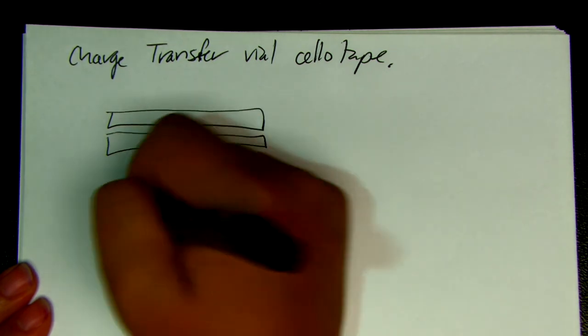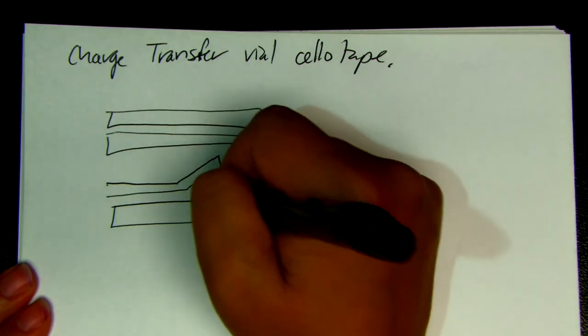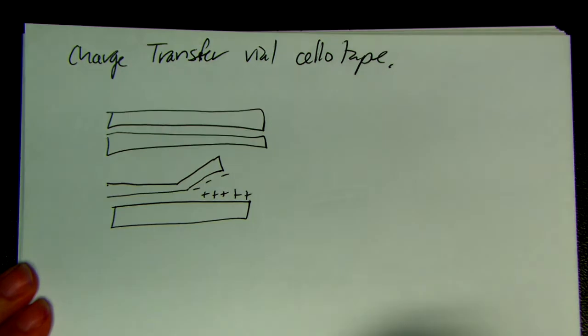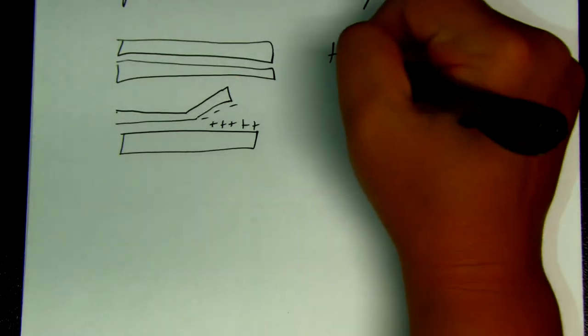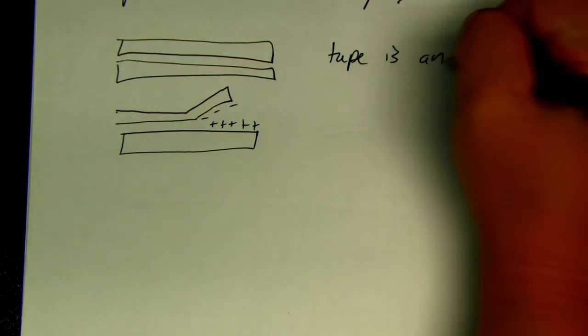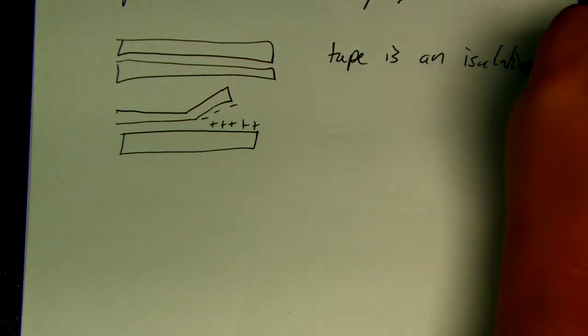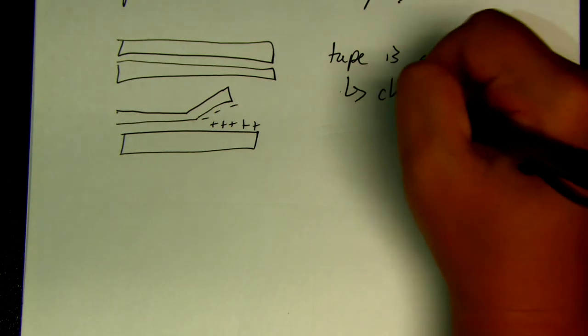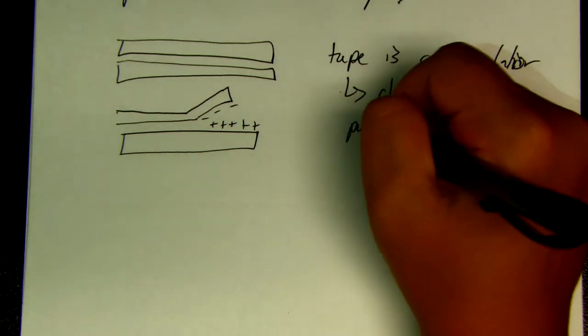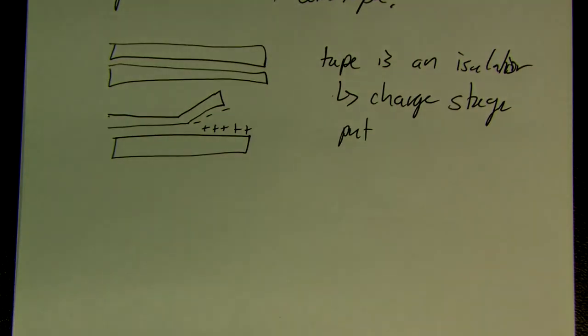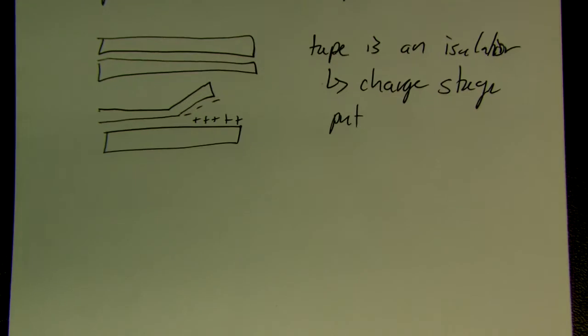The result is that one becomes negative and the other becomes positive. And tape is an insulator, and thus the charge stays where it is. If you transfer charges onto the tape, it can't go anywhere. It's not easy for charges to move around.